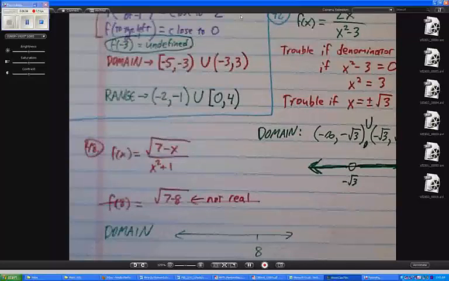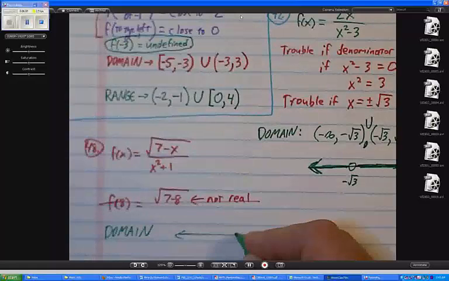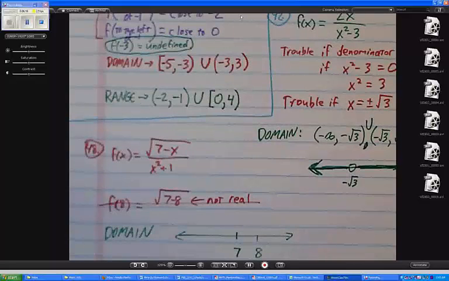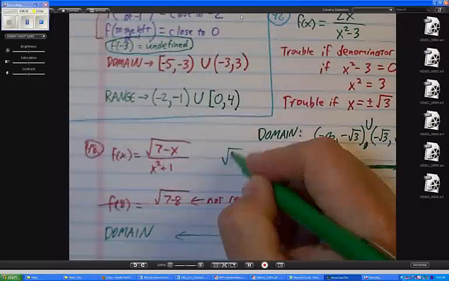Hey, what about 7? Can you include 7? If I put in a 7, well, it's either yes or no, right? But let's try. Well, what is the square root of 0? That's the question. Is that true? The square root of 0 is 0? Here, what's the square root of 16?